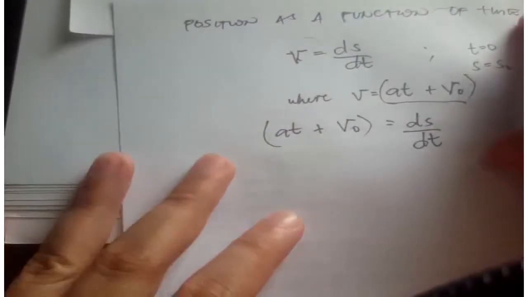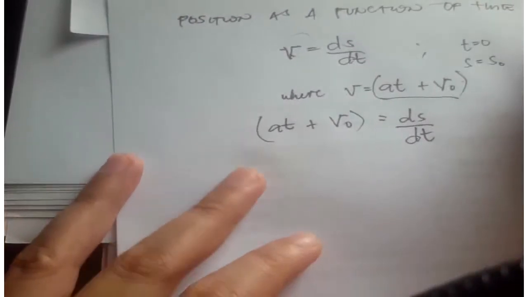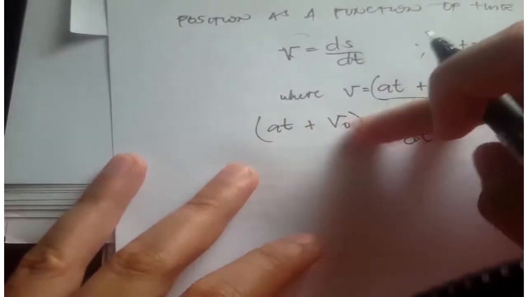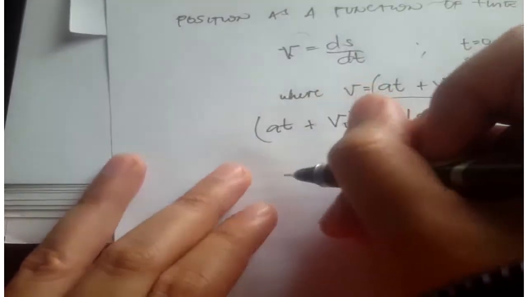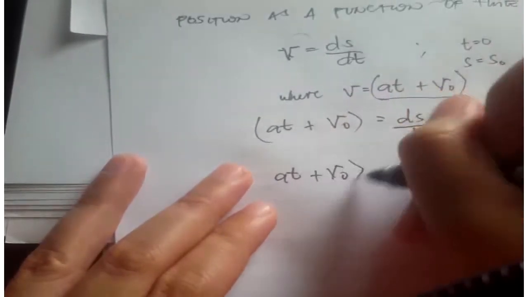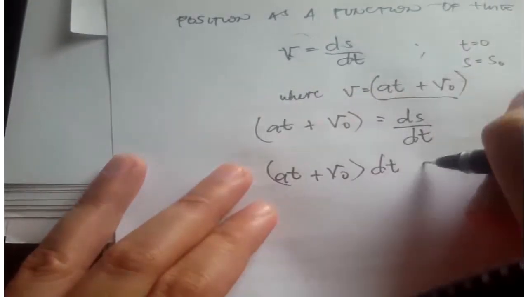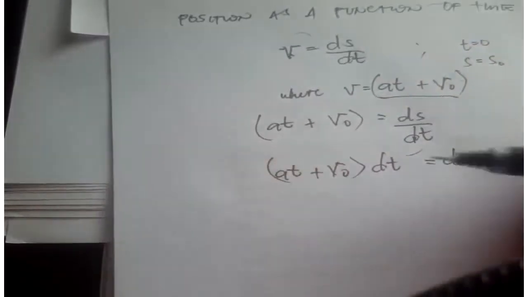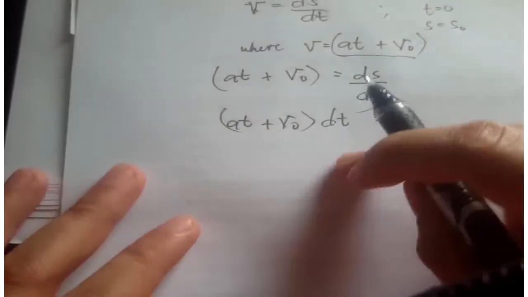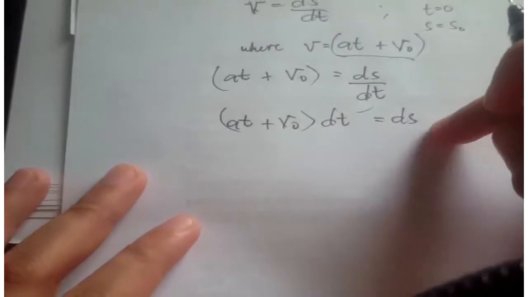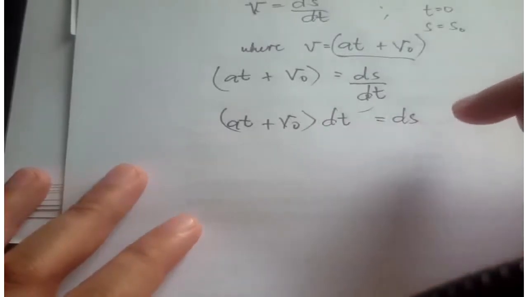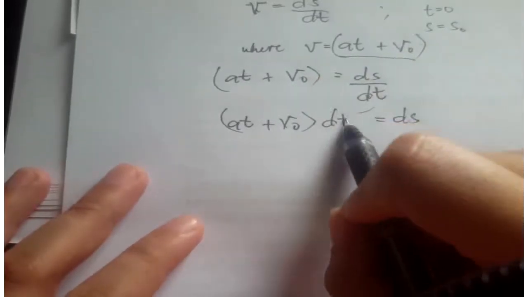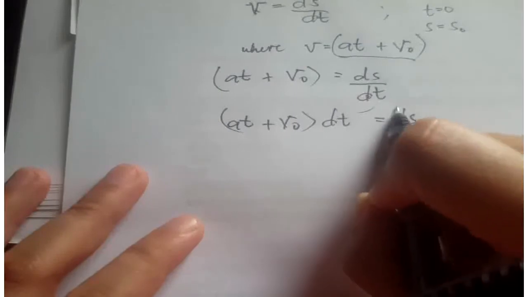And then from here, we can do the algebra to move the dt to the left side. So we have at plus v sub 0 times dt is equal to ds. I only moved the dt on this side. From here we can now integrate both sides. This is a function of t, and on this side we will integrate ds.